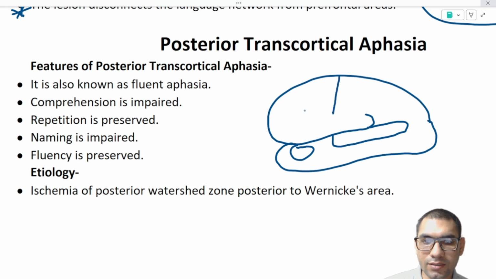This is the central sulcus. This is the precentral sulcus. This is the prefrontal cortex, and this is the Broca's area. B for Broca's, W for Wernicke's, A for auditory. And Broca's is connected to Wernicke's through the phonological loop.